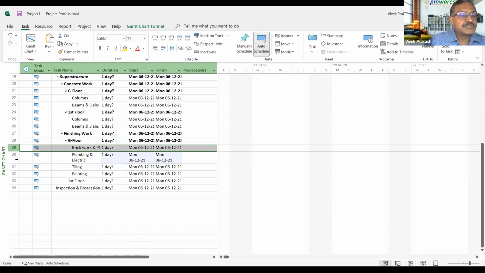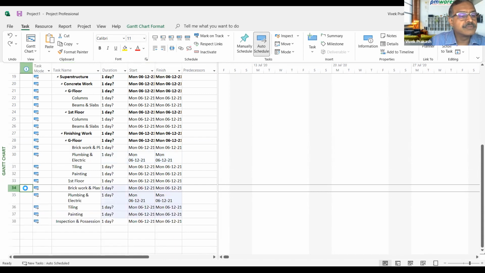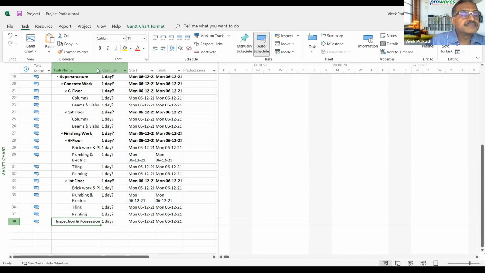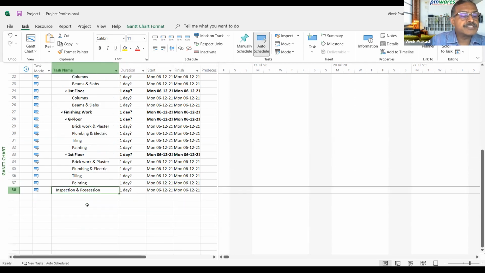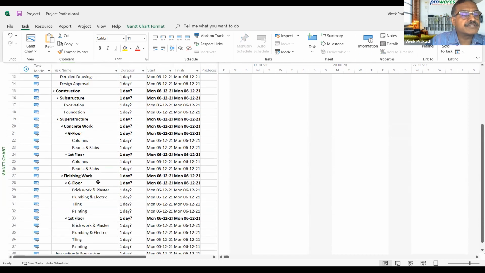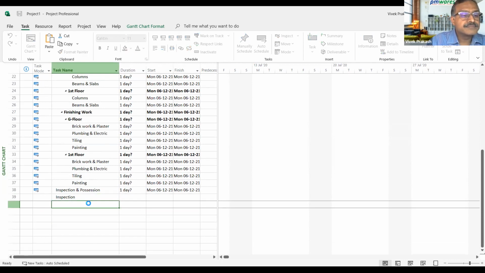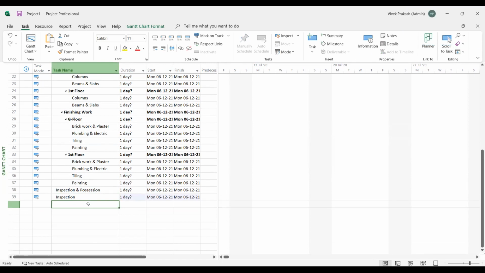So I think this is good. And the same thing can be put here, right? Yes. This will be put and indented. And below this, I think it will be completing this: inspection, possession, and handover.